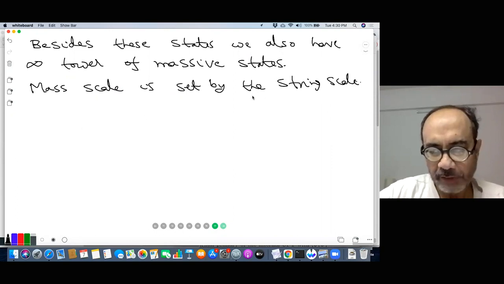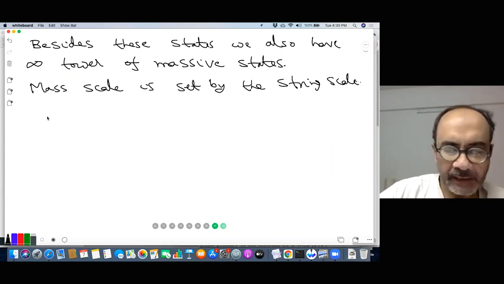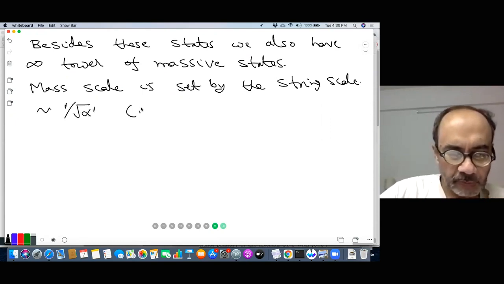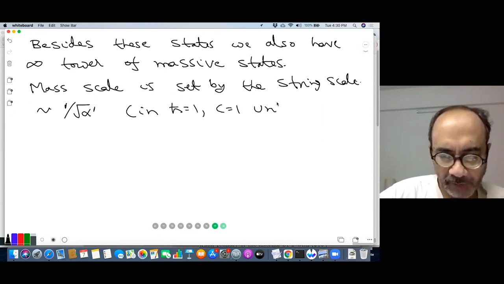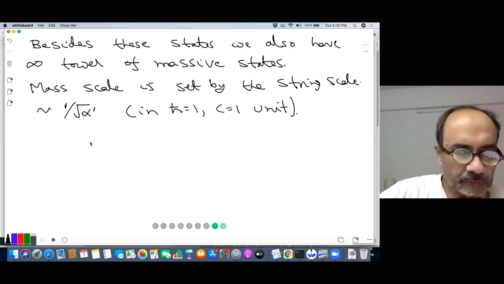But if you want to put back the dimensions, it basically goes as 1 over square root of alpha prime, in h bar equal to 1, c equal to 1 units, if you don't set alpha prime equal to 1.